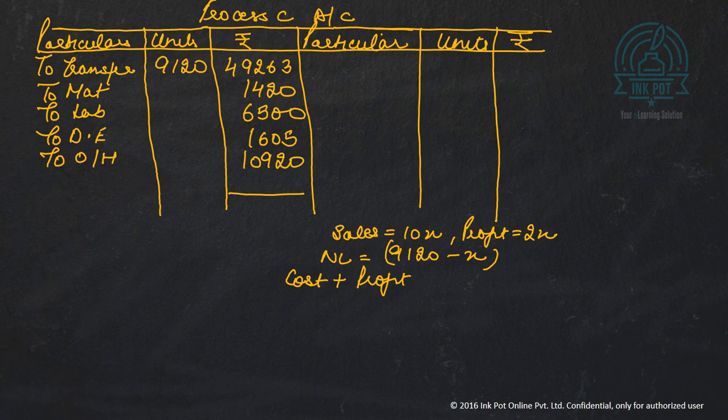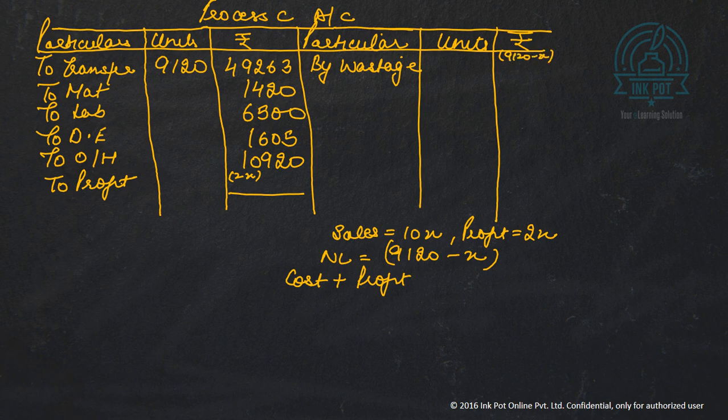So cost plus profit. So you'll write profit here, right? We don't know what is profit. I'm roughly writing here, it is 2x, right? So cost plus profit. Here we will show a wastage, which is 9120 minus x.